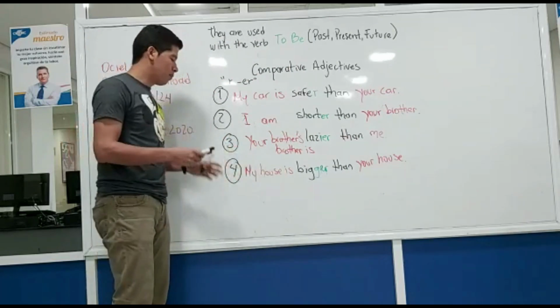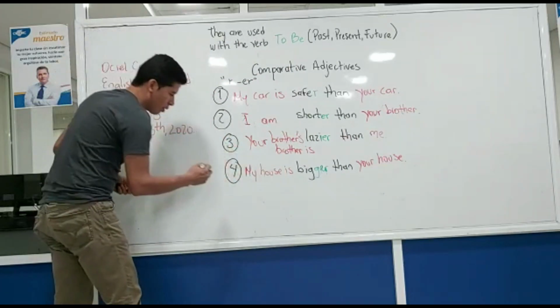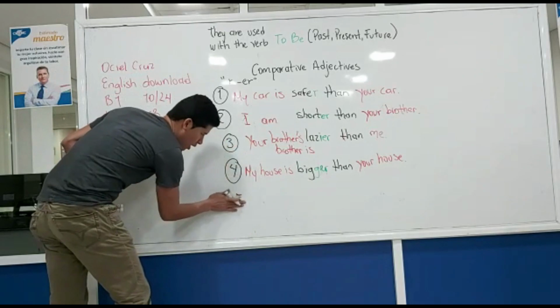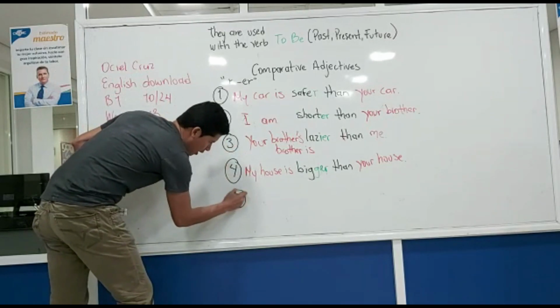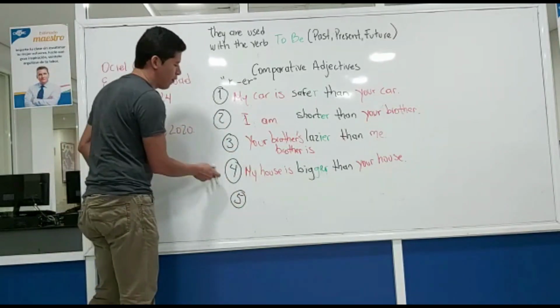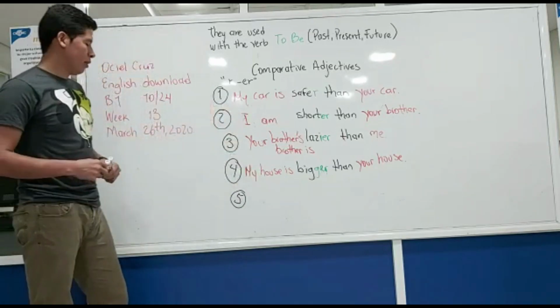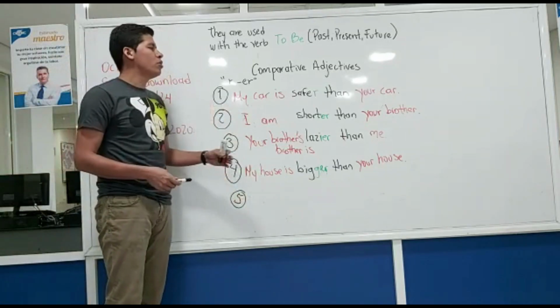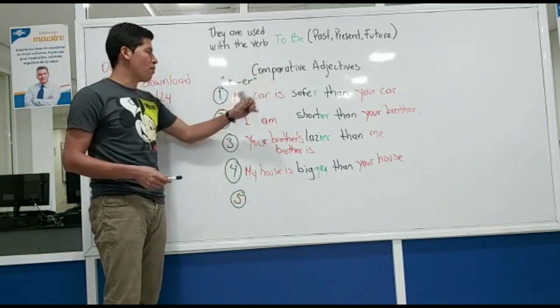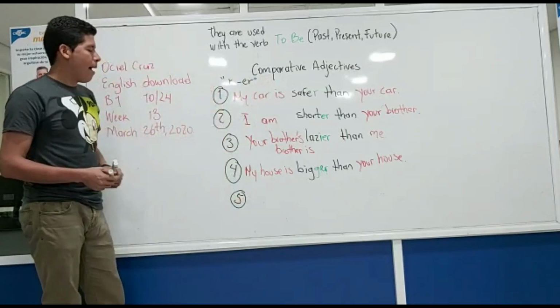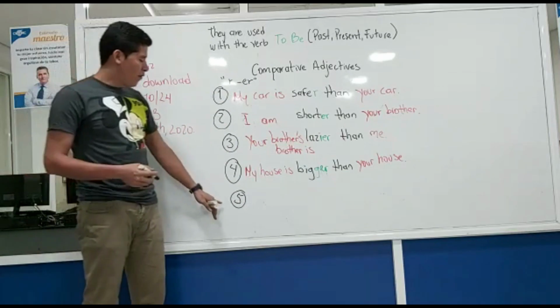Okay, the number 5, maybe. This is number 4, this is number 5. That's not important because you need to understand all the rules about the comparative form. Okay, I say number 5.